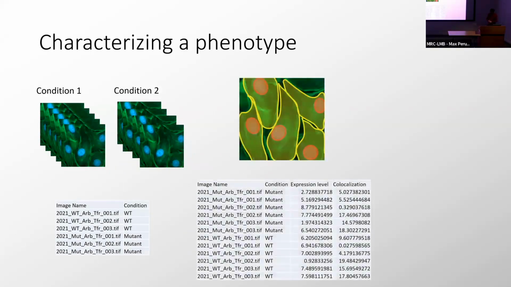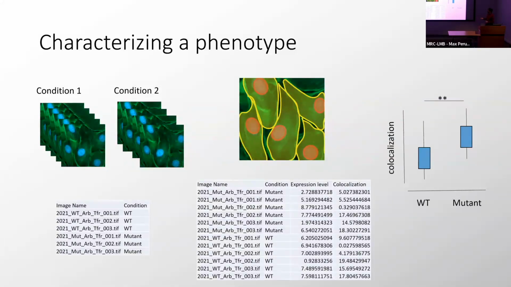For each of these pictures, we'll collect some measurements, which we will add, and then further down the line, we will be able to have a nice statistical interpretation of our measurements and conclude something on our phenotype or what's happening in our data. So this is a workflow where we want to go from our data to some quantitative, statistically relevant information.